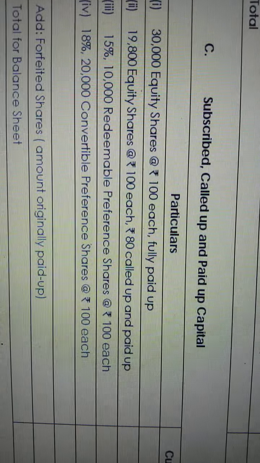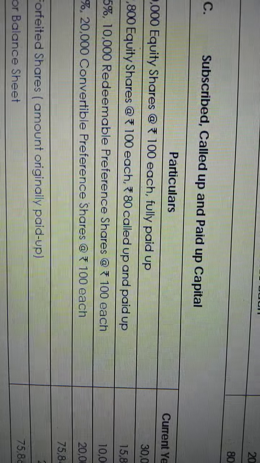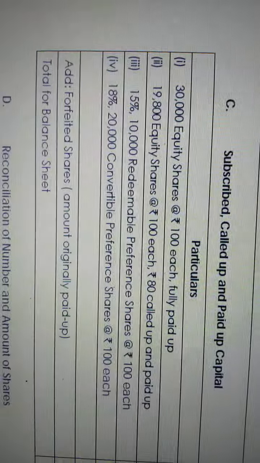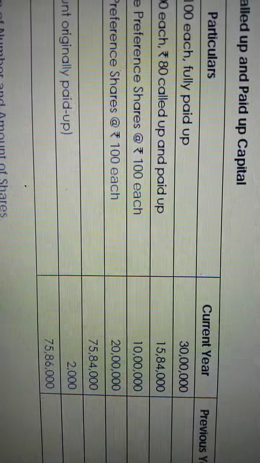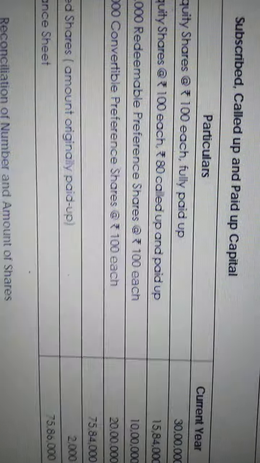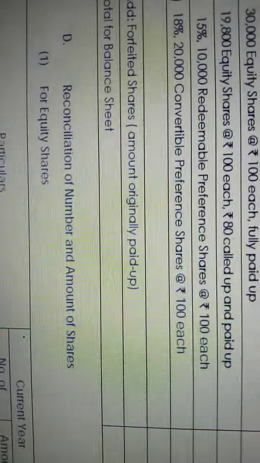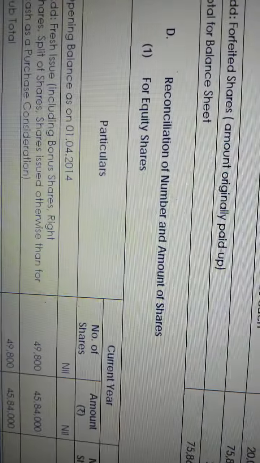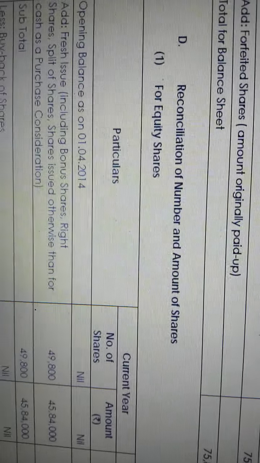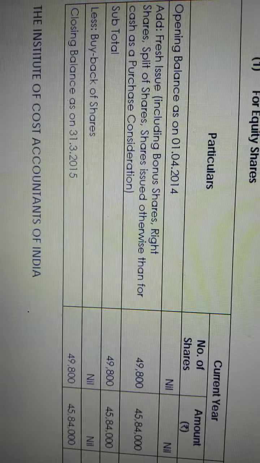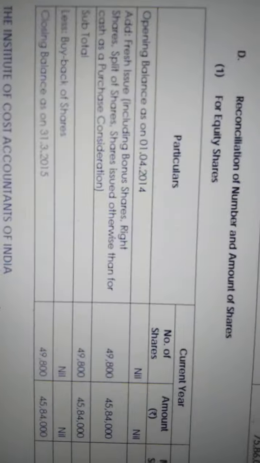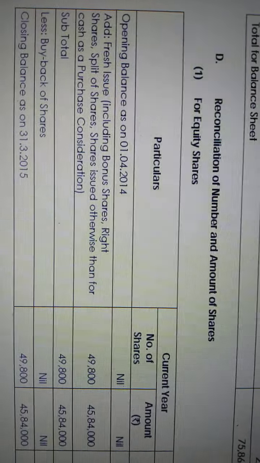Then redeemable shares, convertible preference shares, all those things we are writing, and forfeited shares we are presenting separately. 2,000. Then my total for the balance sheet is 75,86,000. This is not very important, but I am just going through it. I am not working out the problem, just reading the answer for your understanding.